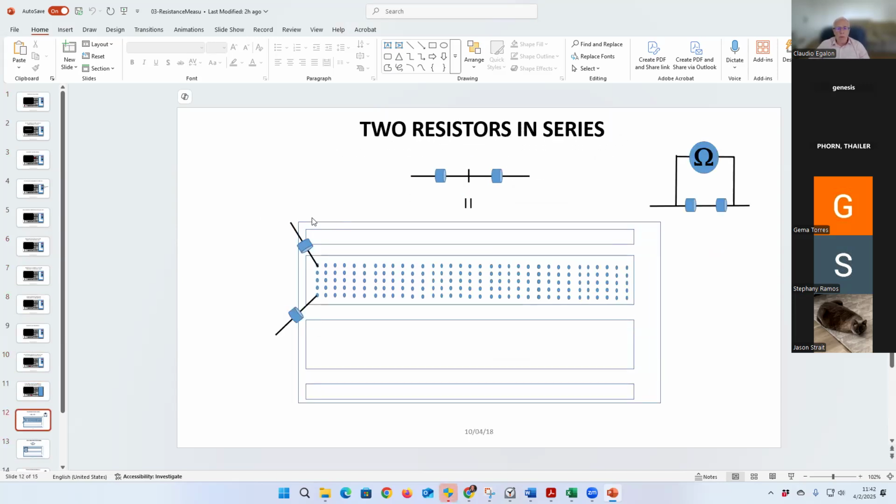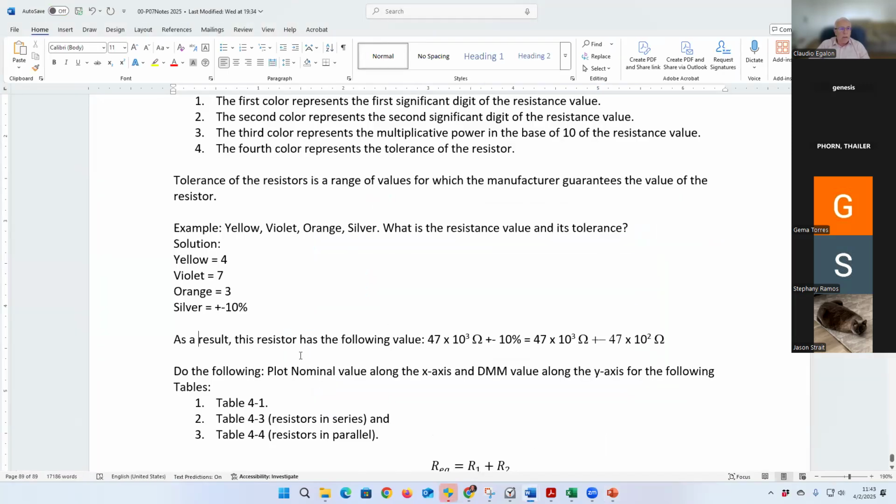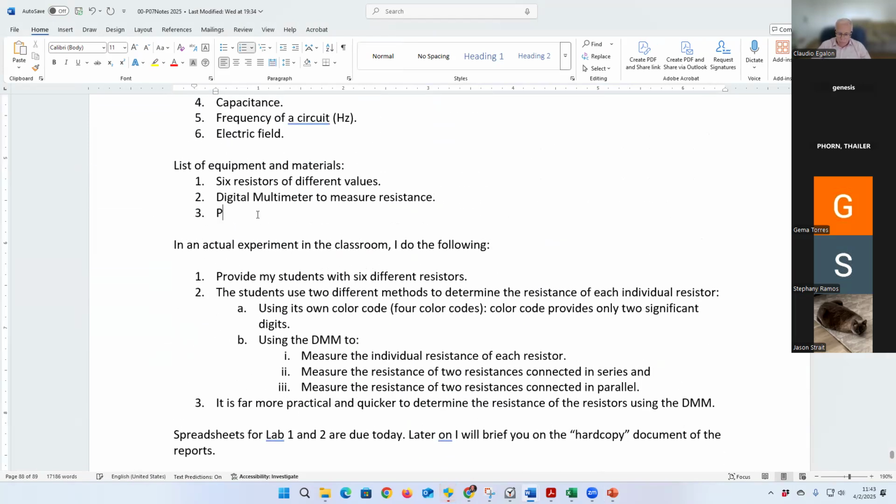We are going to use a prototype board that's available out there. We're going to connect our resistors in series and in parallel. So let's put the prototype board in our list as well. Prototype board to connect our resistors in series and parallel.